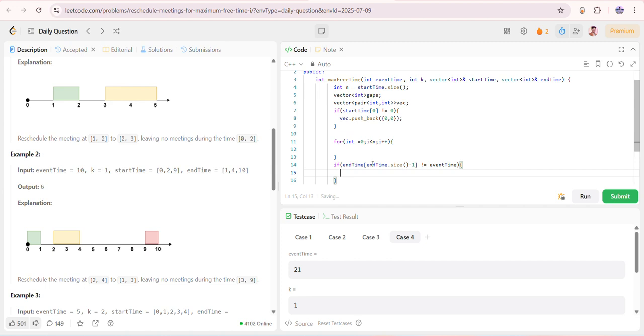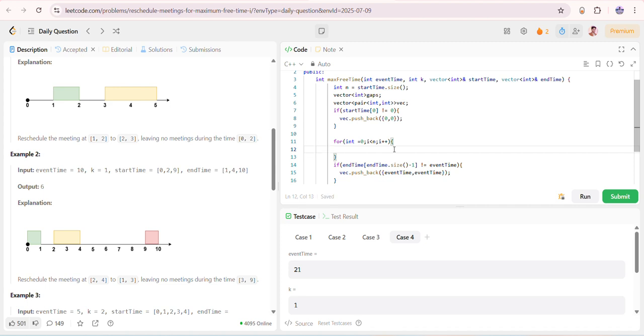Then what you have to do, actually we have to just push back event time comma event time. Okay, so now this is also done.